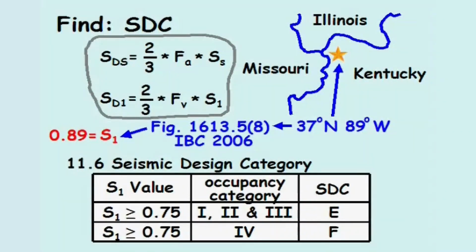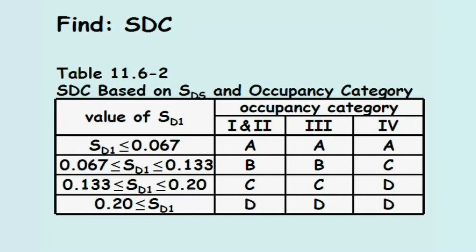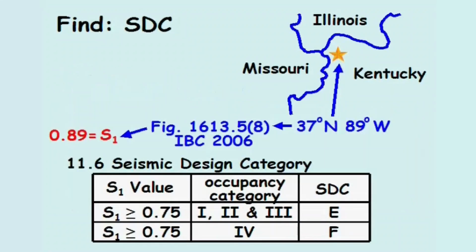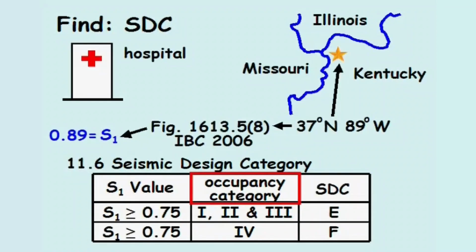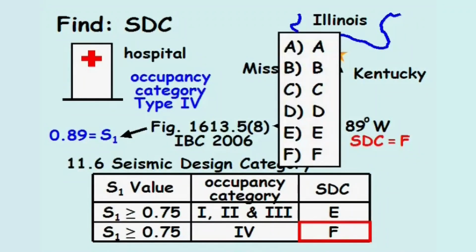And we also won't need to use Table 11.6-1 or Table 11.6-2 because we know the seismic design category is either Type E or Type F, which depends on the occupancy category. From earlier in the problem, we determined the occupancy category for a hospital is Type 4, which means the seismic design category is F. When reviewing the possible solutions, the answer is F.